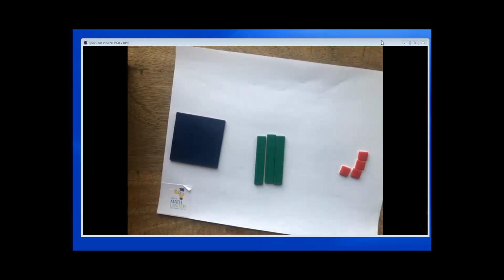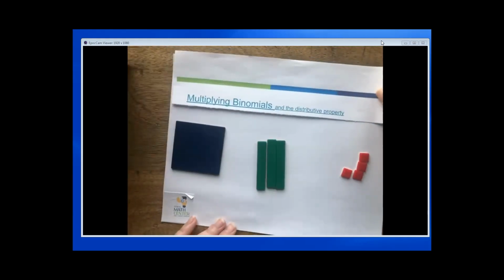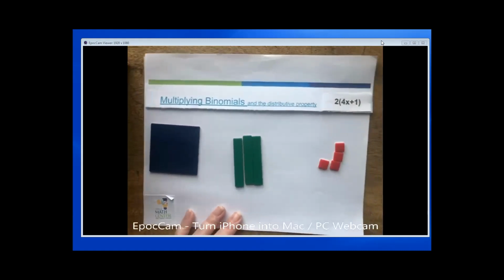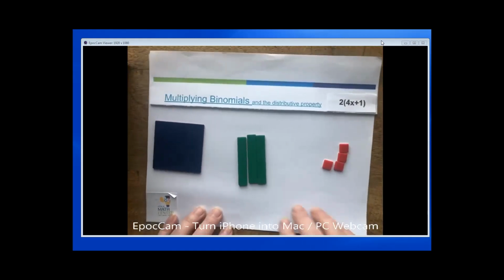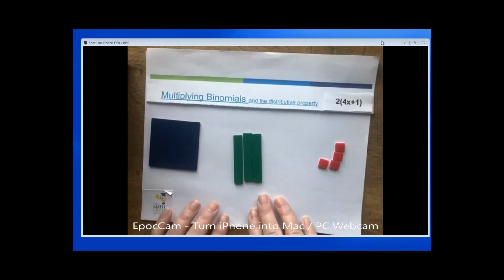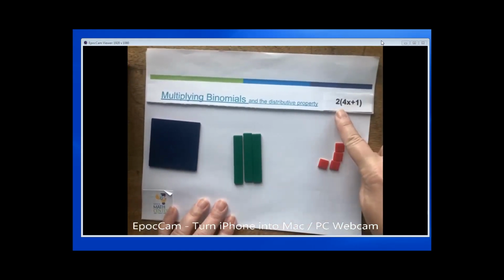Let's move into multiplying and using the distributive property. So when I look at this, I see multiplication. I see 2 times 4x plus 1. And we know multiplication can be considered groups of.